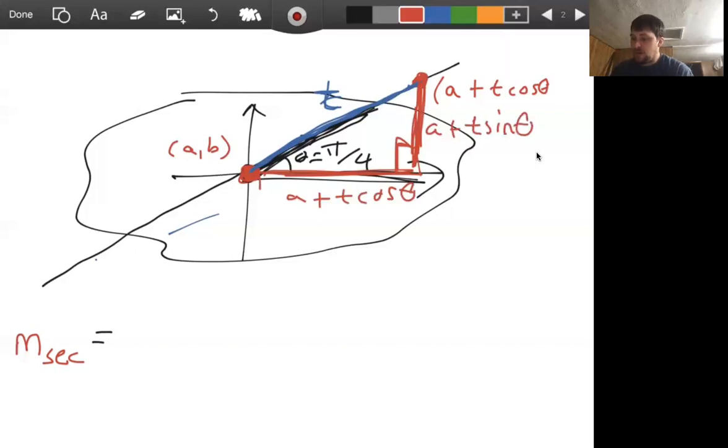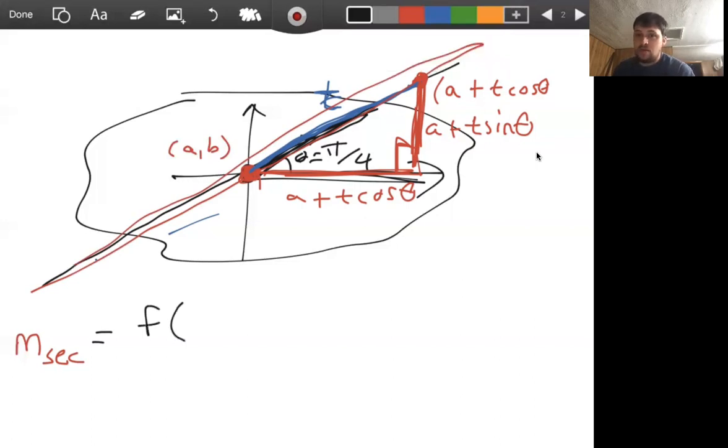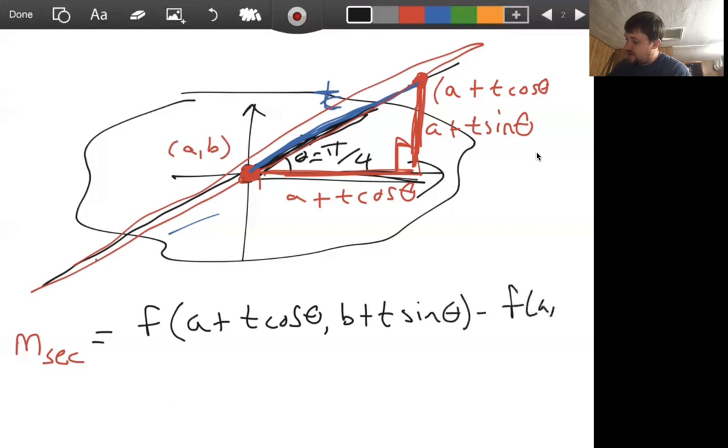So the slope of the secant line here, which is the line traveling through these 2 points, is going to be, well, it's rise over run, right? And what's the rise? Well, the rise is f of a plus t cosine theta comma b plus t sine theta minus f of a b.